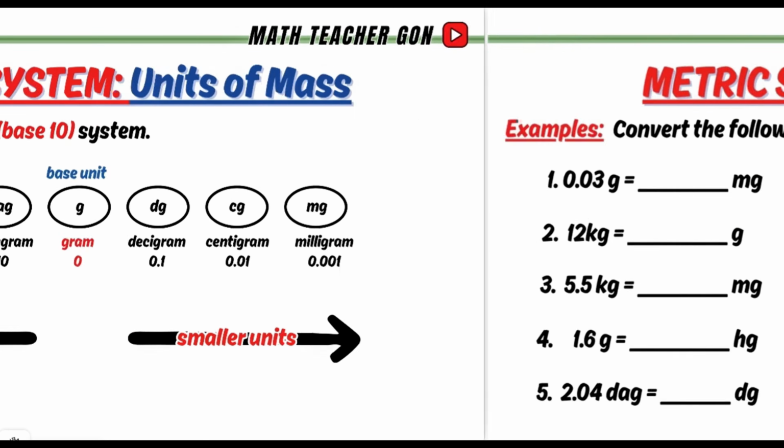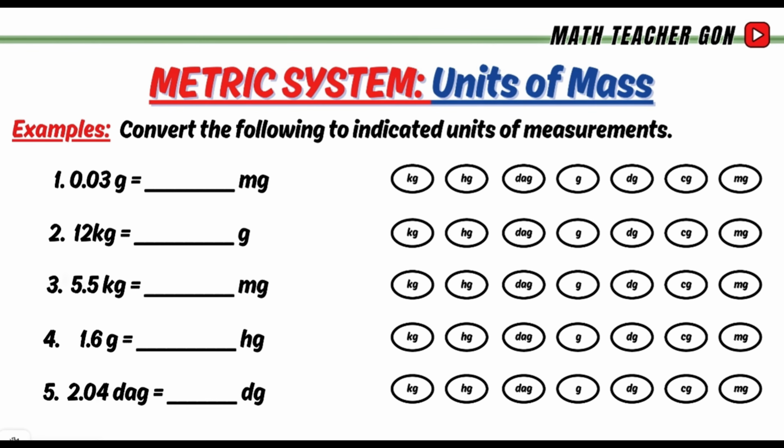Okay, for the examples, we have here: convert the following to the indicated units of measurement. Number 1, 0.03 grams, you have to convert it to milligrams. So let's highlight first grams. Okay, so we need to convert grams into milligrams. So let's highlight mg.